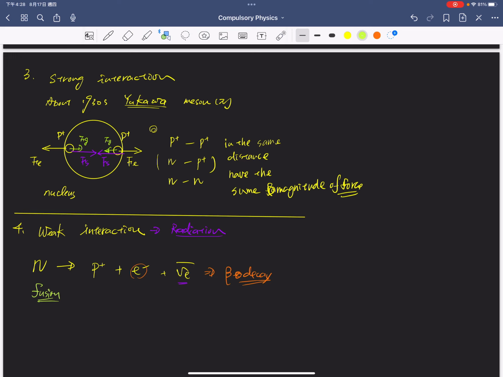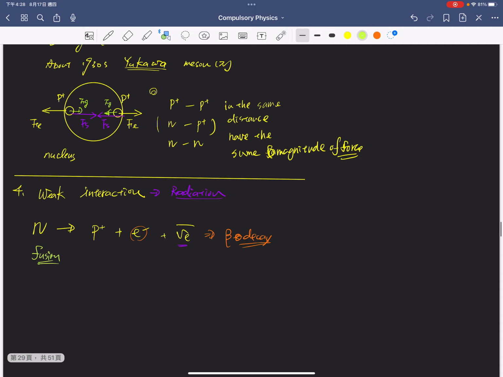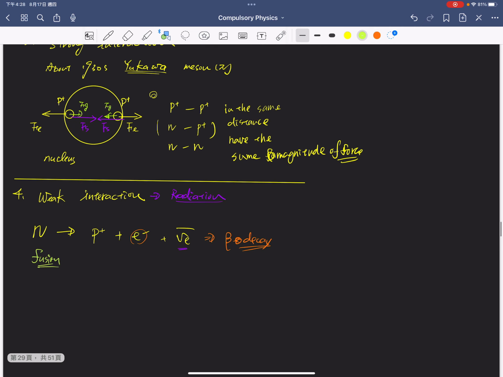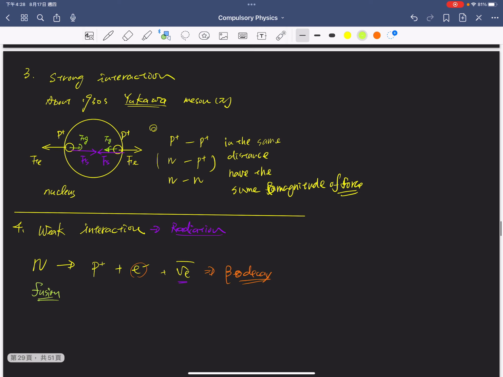Now I want all of you to make a table to help you understand the differences between these interaction forces.